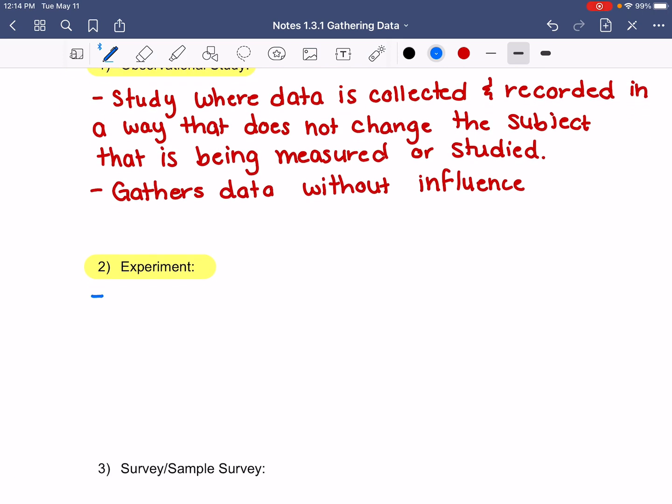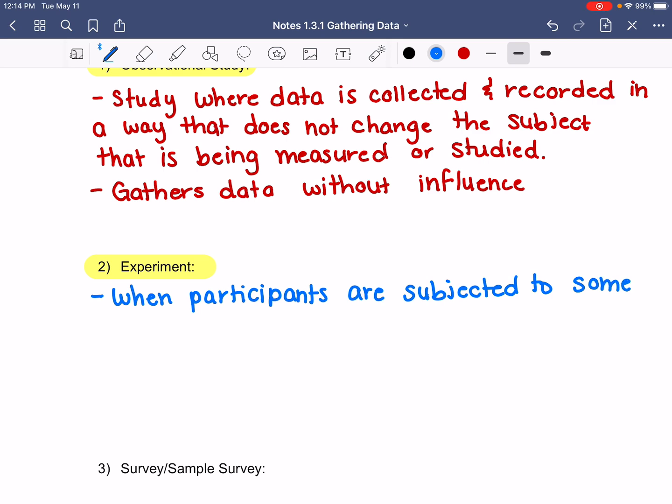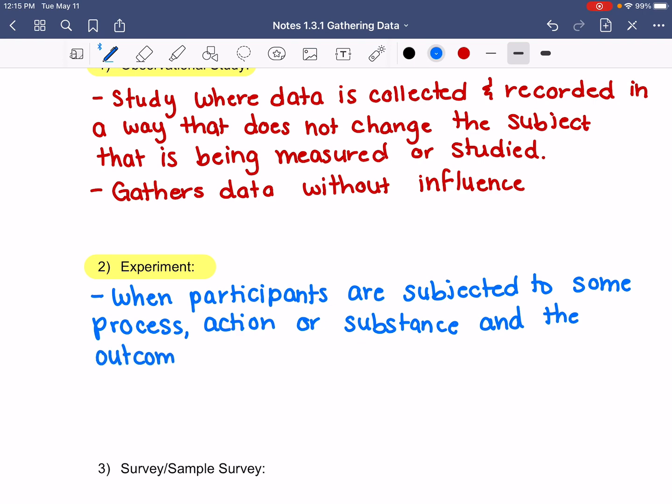So it's just when participants are subjected to some process, action, or substance, and the outcomes are observed and recorded.